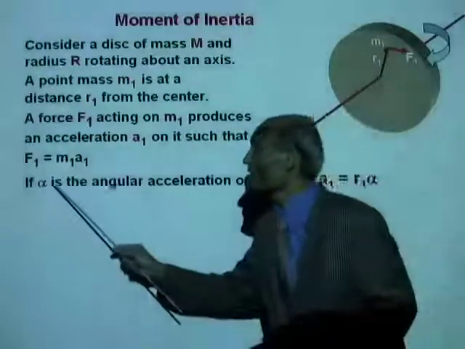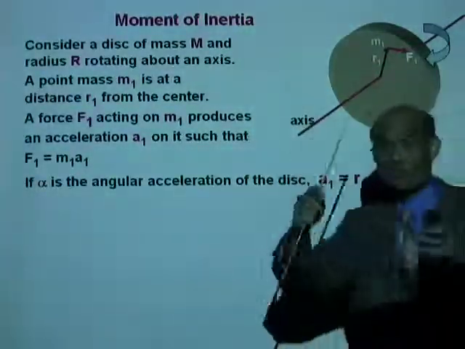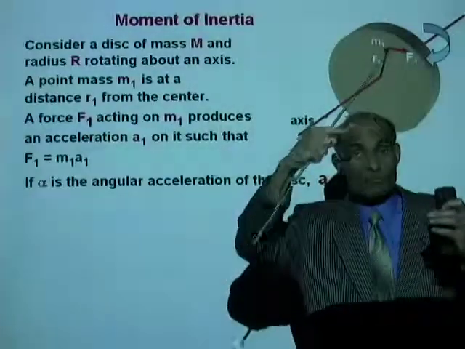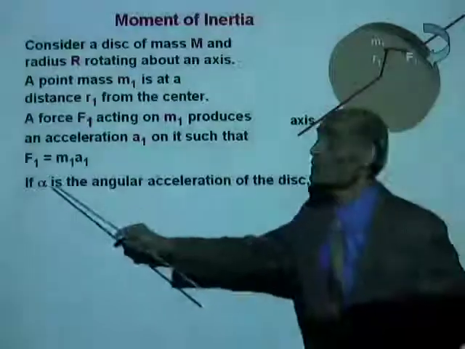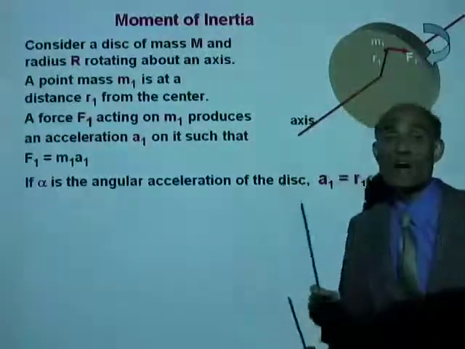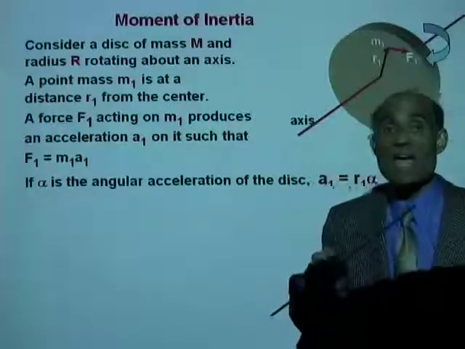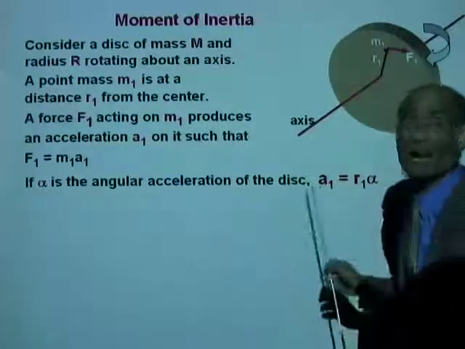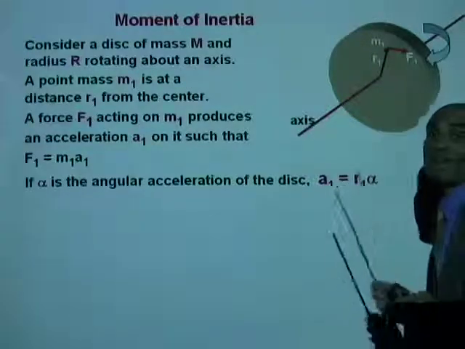If alpha is the angular acceleration of the disc, you know how it is related to linear acceleration. You know that a equal to r alpha. So a1 equal to r1 alpha.